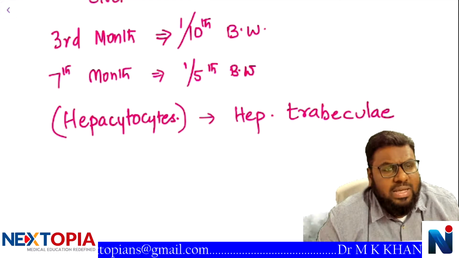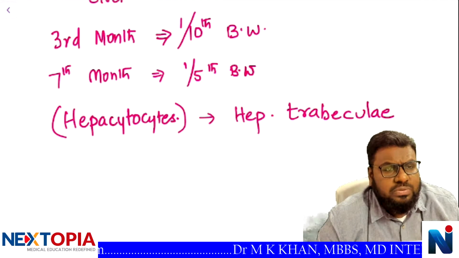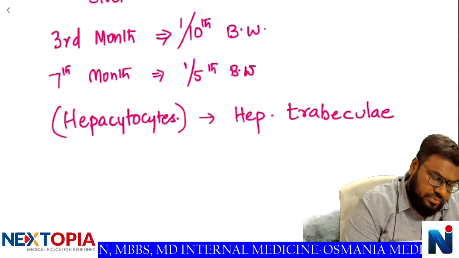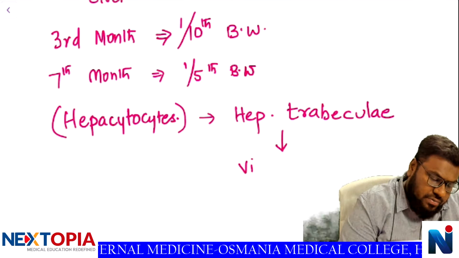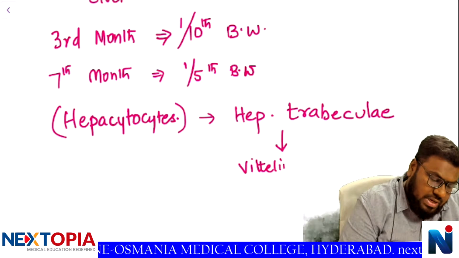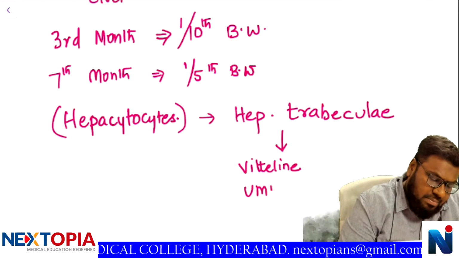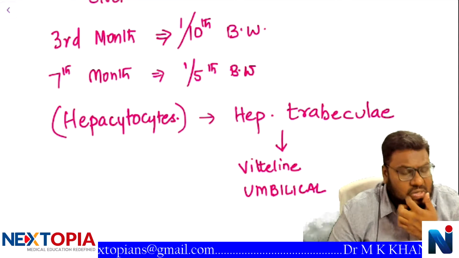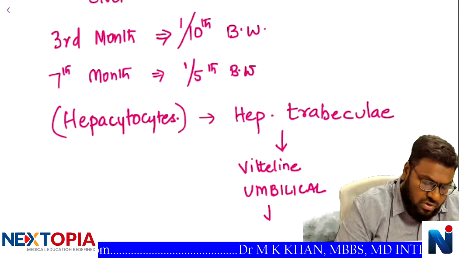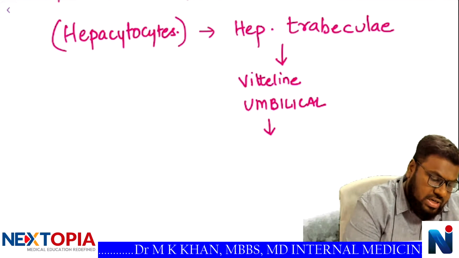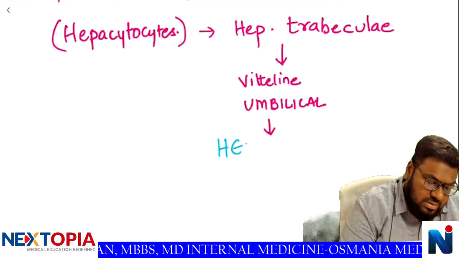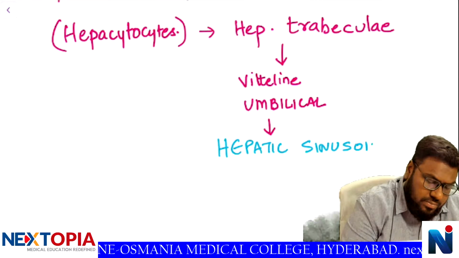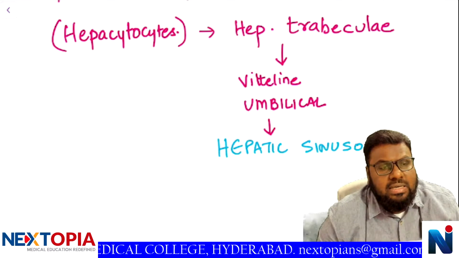These hepatic trabeculae have the vitelline and umbilical veins running through them. The vitelline and umbilical blood vessels communicate with the trabeculae to form an important structure called hepatic sinusoids.